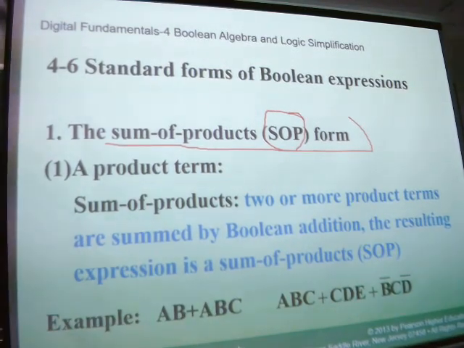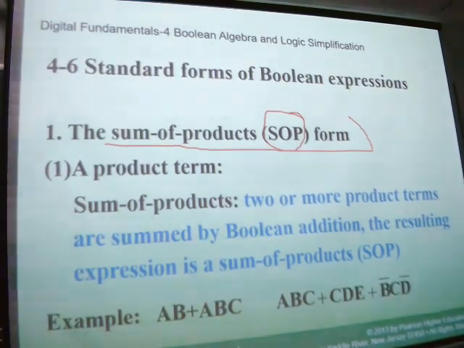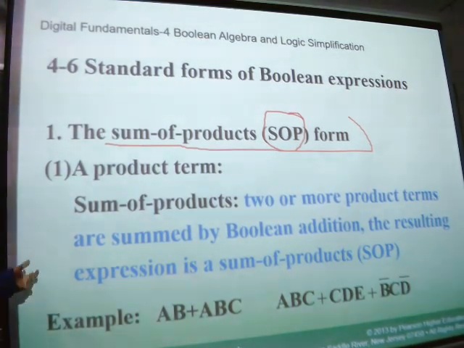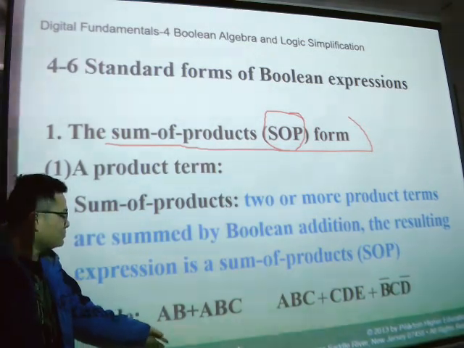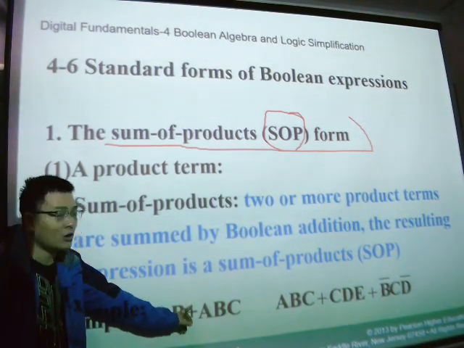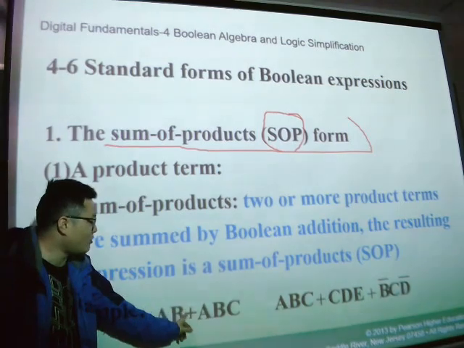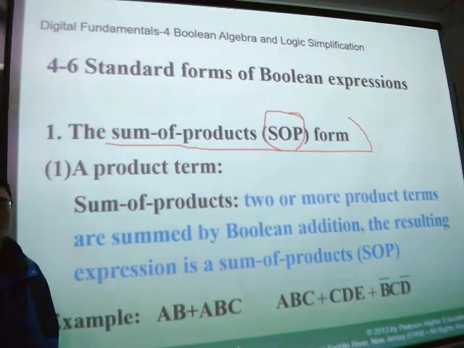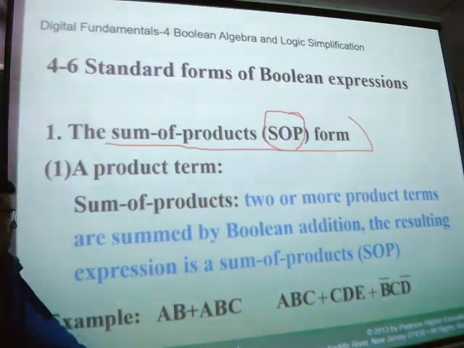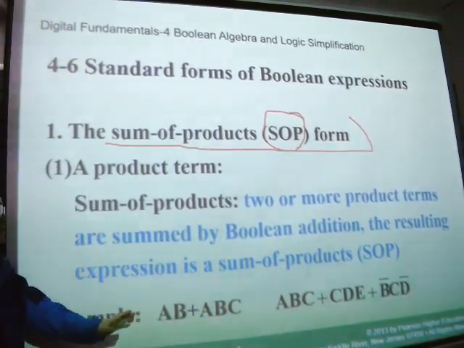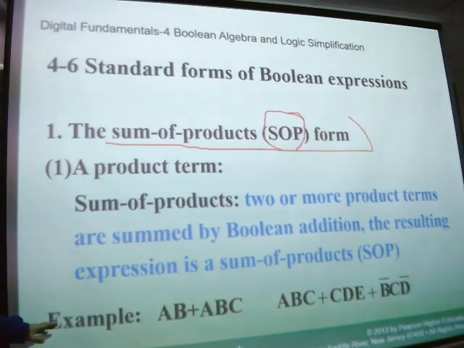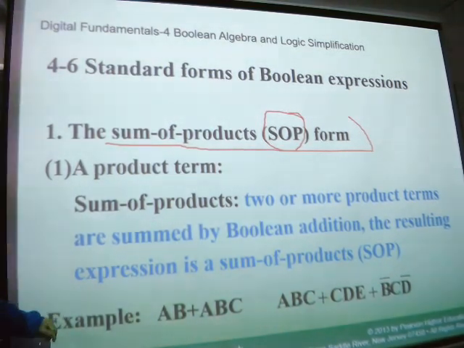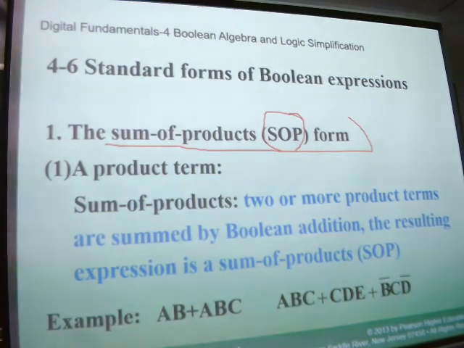If we find that two or more product terms are summed by Boolean addition, that is the OR gate, then the resulting expression is a sum of products form.